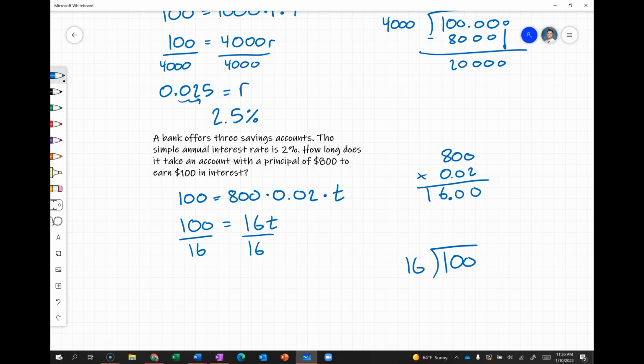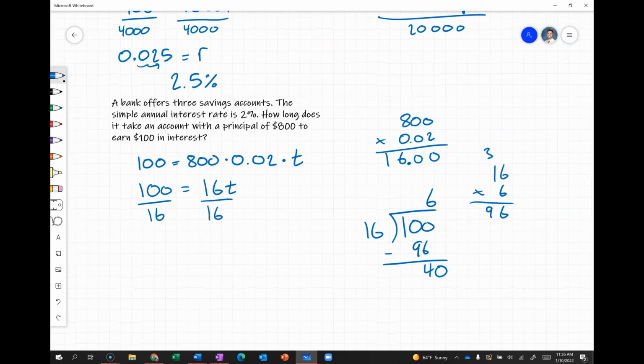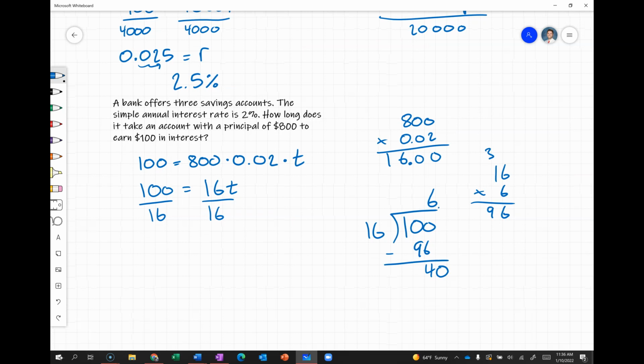16 goes into 100. Let's see, I think 6 times. 6 times 6 is 36. 6 times 1 plus 3 is 9. So that's 6 times. And we have here 40.